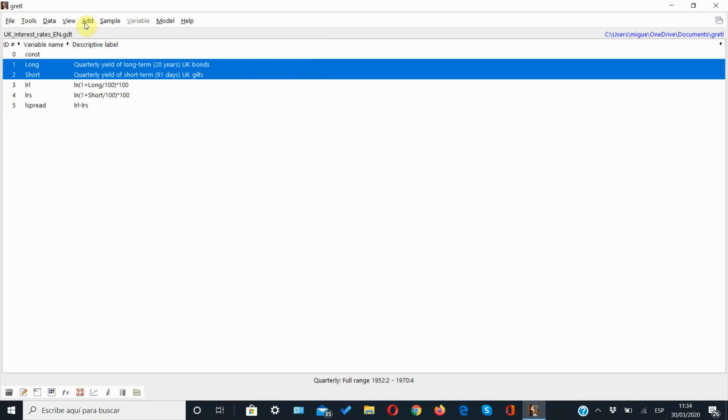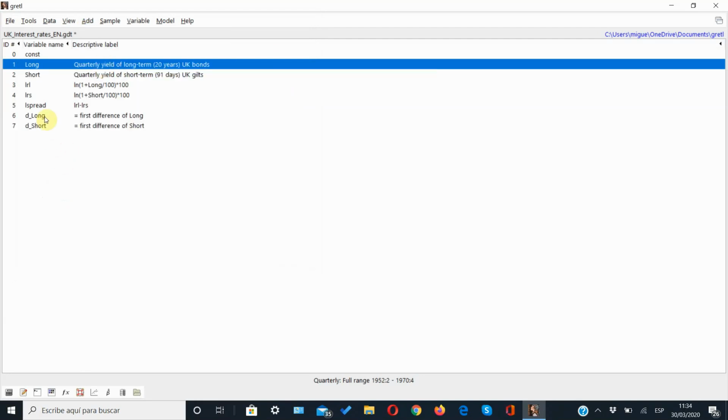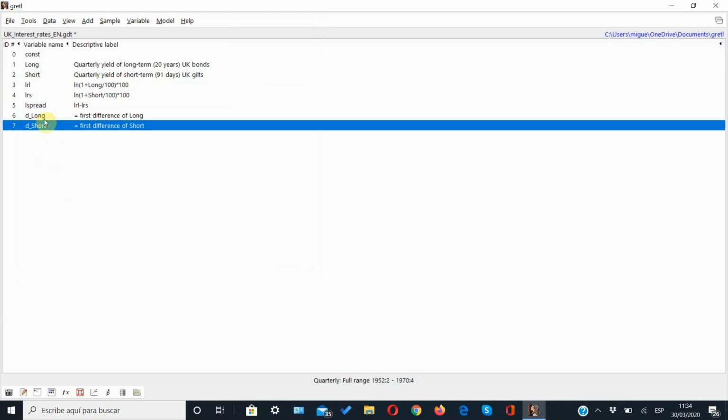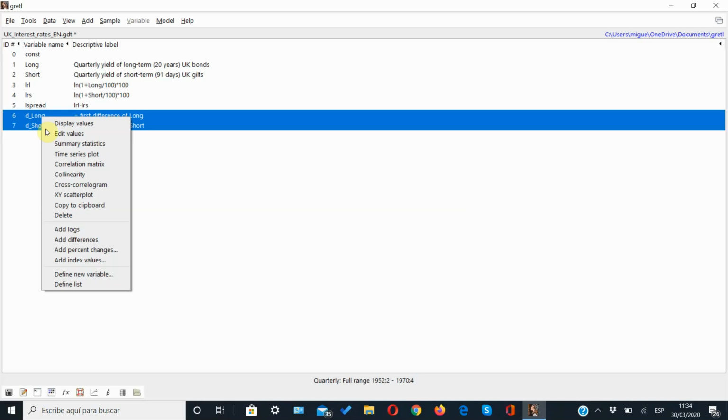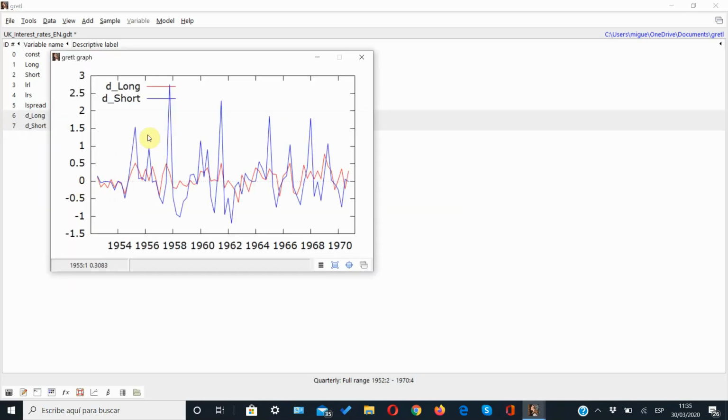To test for a spurious relationship, I will add the first order difference of the variables, getting the variable d long and the variable d short. I click one of them, control click the other, and see in the time series plot that both series are now detrended.